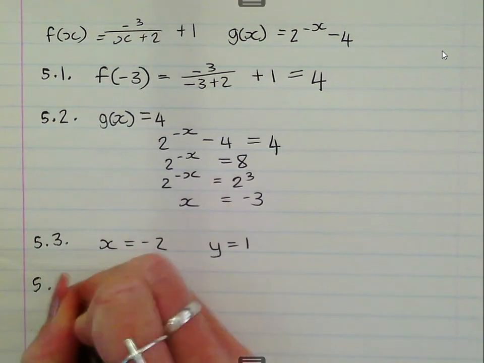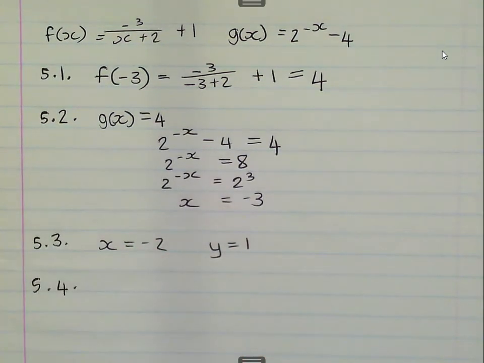5.4. Write down the range of G. Now, the thing is, this is a bit difficult because we don't have the graph. Okay, but without drawing the graph on scale, do you remember how quickly we drew the exponential graph?